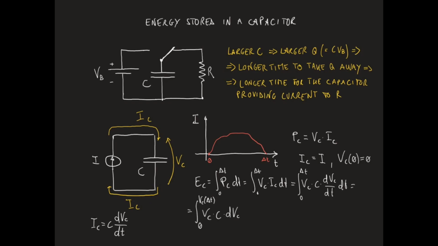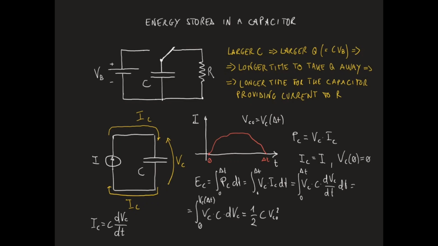Eventually, this integral yields 1/2 cVc0 squared, where Vc0 is simply Vc computed in delta t.